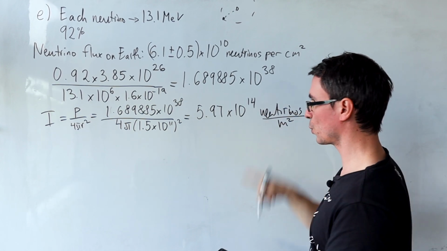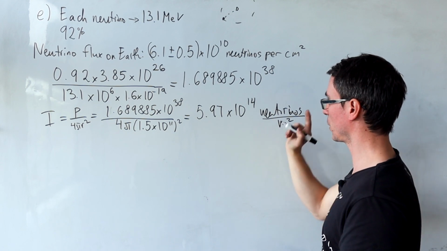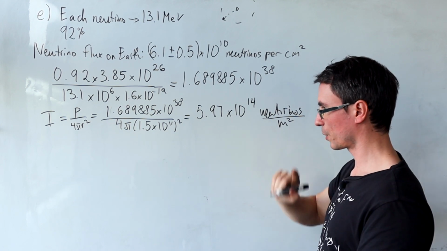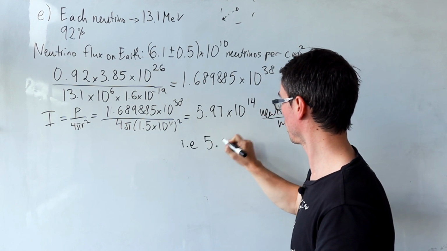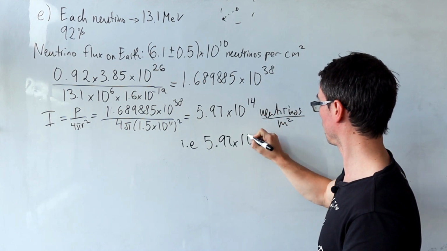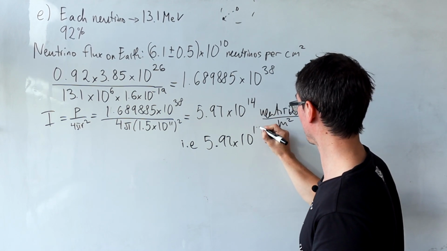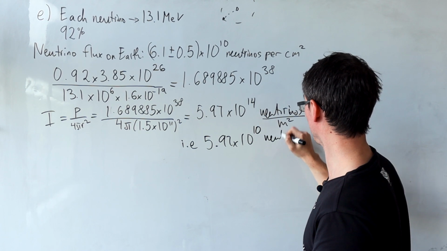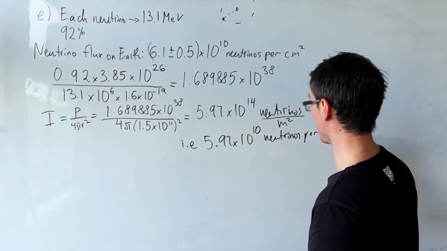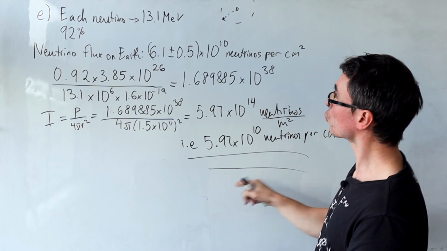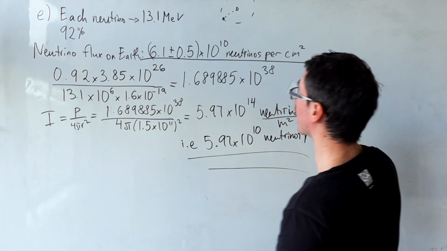To convert that to per square centimeter, I need to divide by centi squared, which is 10 to the power of minus 2 squared. So this is 5.97 times 10 to the power of 10 neutrinos per square centimeter.